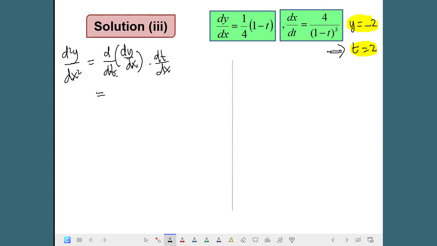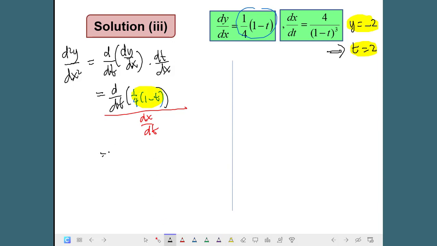Then substitute: d/dt of dy/dx, which is 1 over 4 times (1 minus t), and dt over dx is equal to 1 over dx over dt. Differentiate this one; inside here is linear.